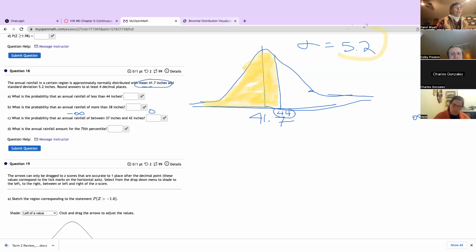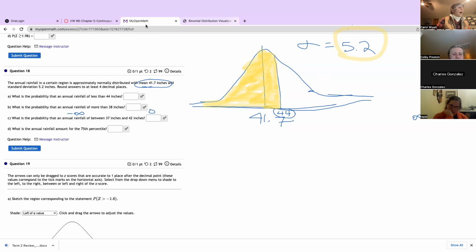My standard deviation is 5.2, and this is less than going up one standard deviation. If I went up one standard deviation and had 50% shaded over here, I'd be at 84% roughly by the empirical rule. This is going to be less than 84%, but let's find out exactly how much it is.